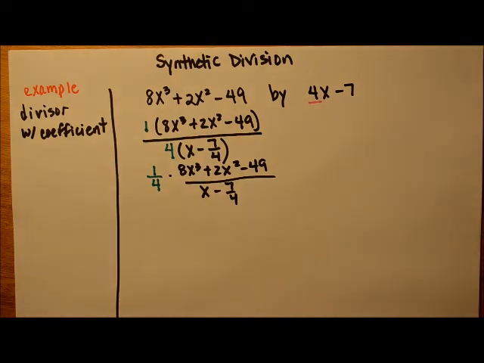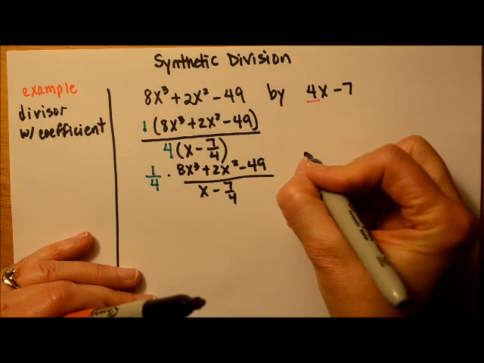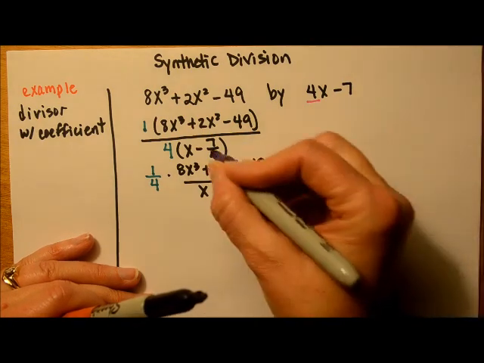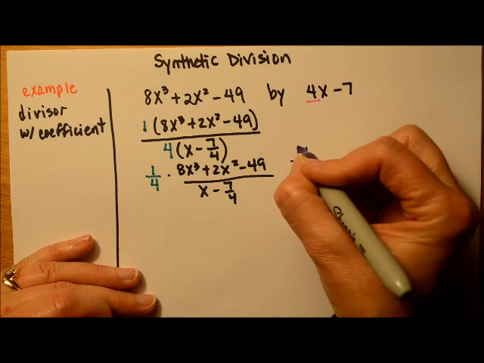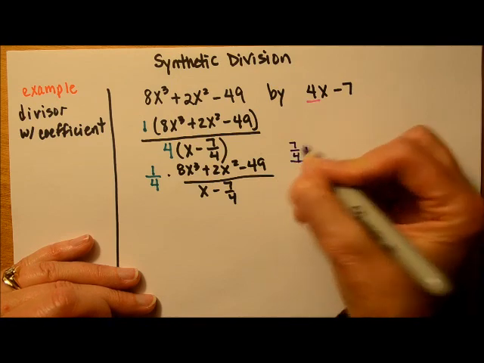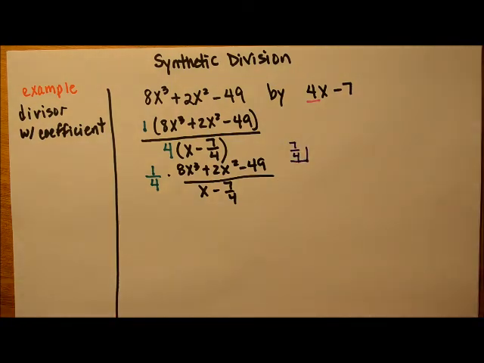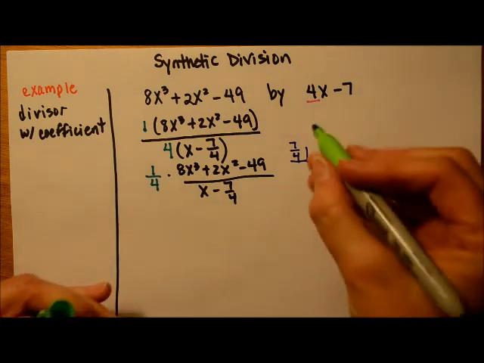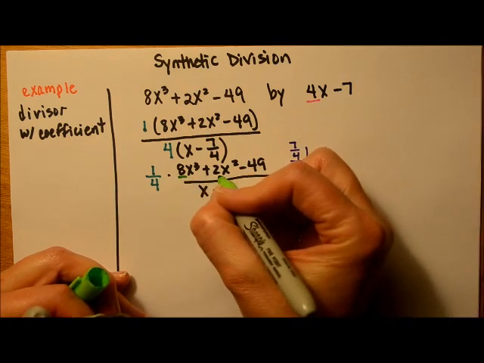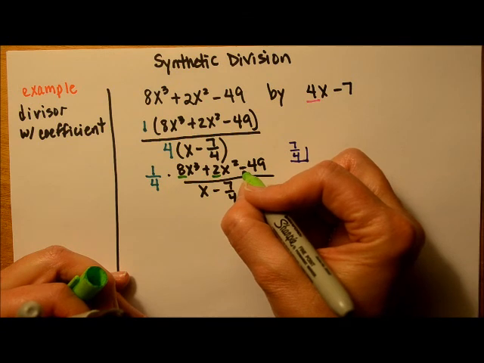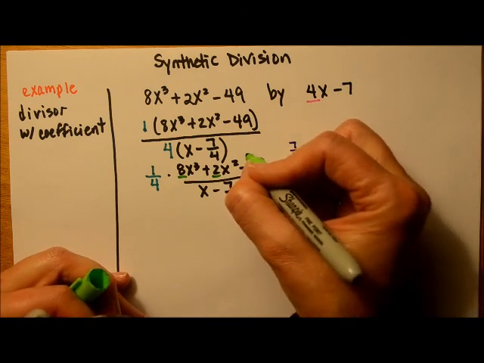Okay, so I'm going to use this side. My c in this case is the opposite of negative 7/4, which would just be 7/4. And then I'm taking each of these numbers, so I'm going to take my 8, my 2, and oh, look, I'm missing one right here.